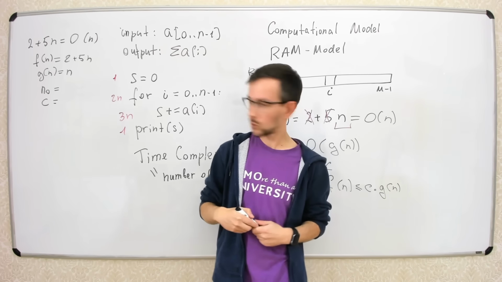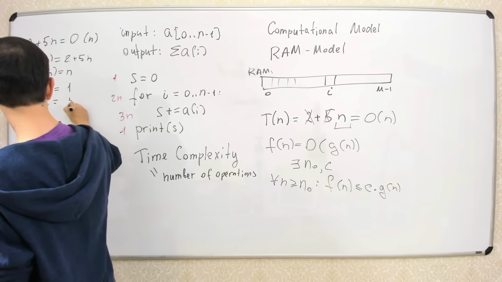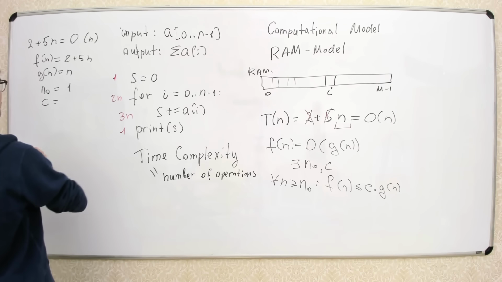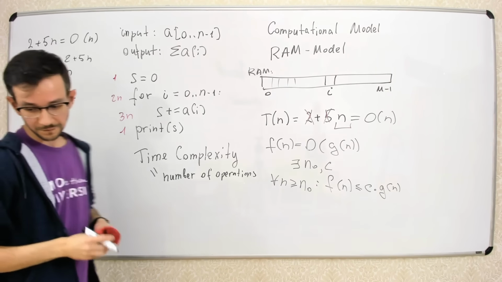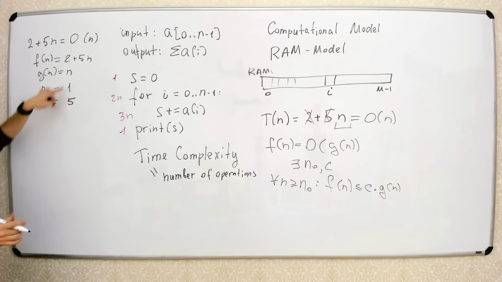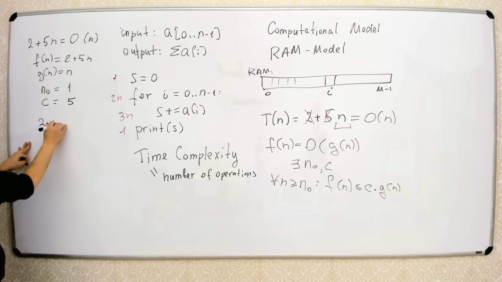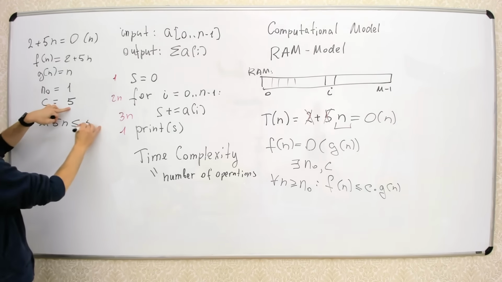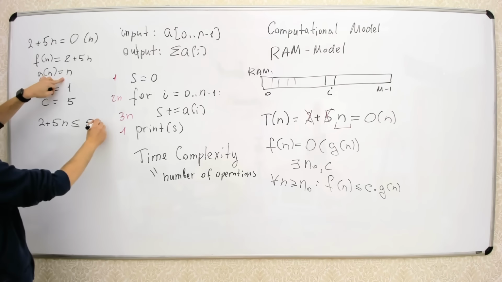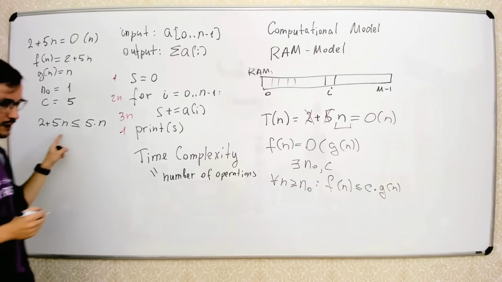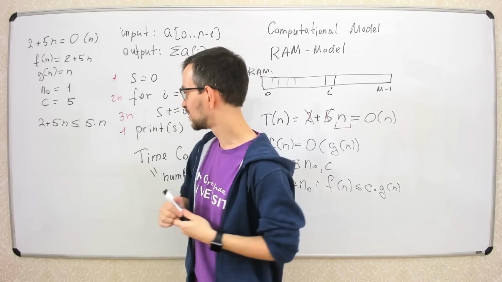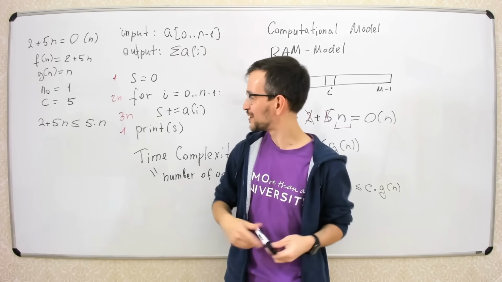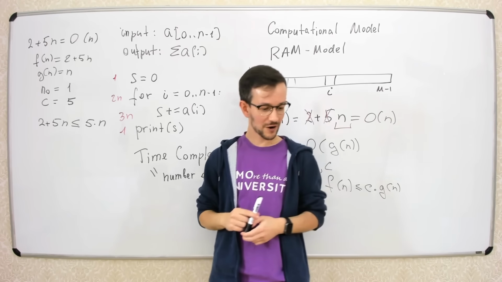C equal to 5 and n0 equal to 1. Let's check. We need to prove that 2 plus 5n is less or equal than constant c, which is 5, multiplied by function g, which is n. That's obviously not true. 2 plus 5n is greater than 5n. So this pair of constants just doesn't work.